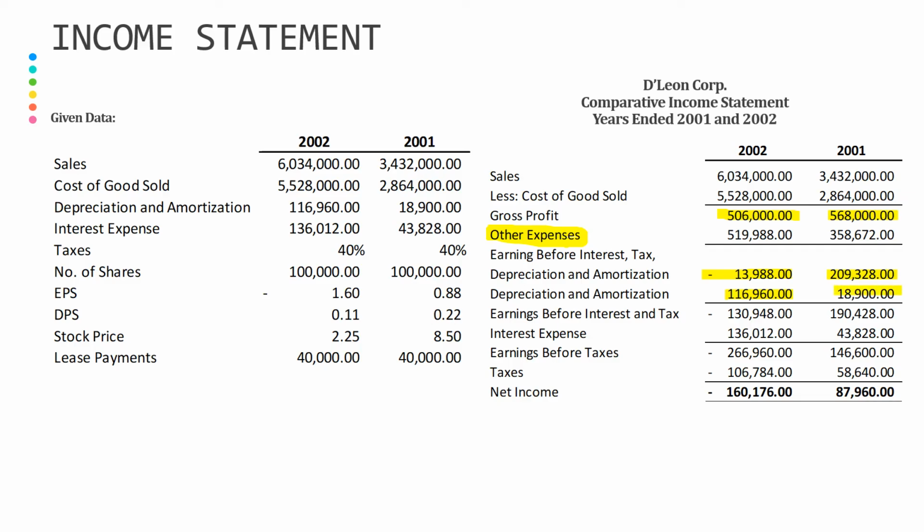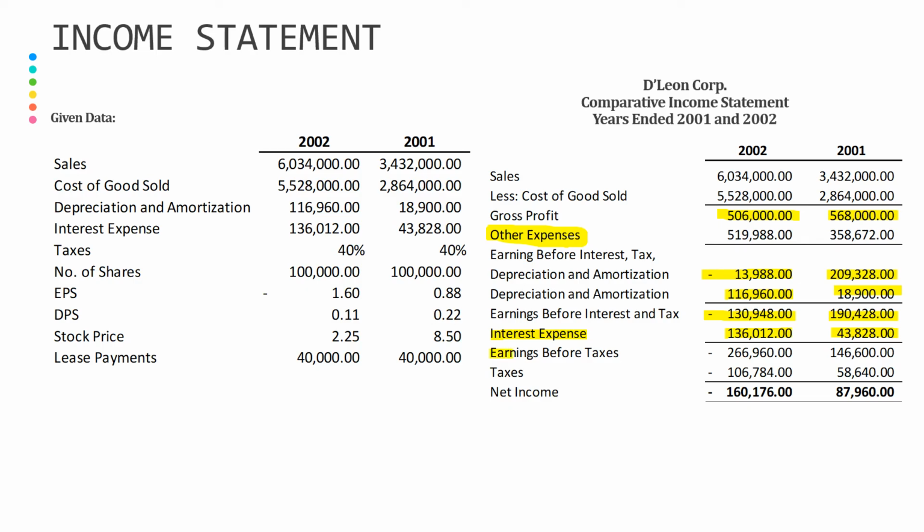So here we can get the EBIT, or the earnings before interest and tax, of negative 130,948 for 2002 and 190,428 for 2001. Now for the interest expense, we have 136,012 for 2002 and 43,828 for 2001.